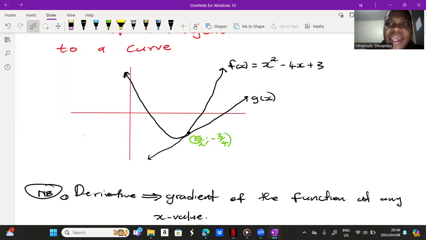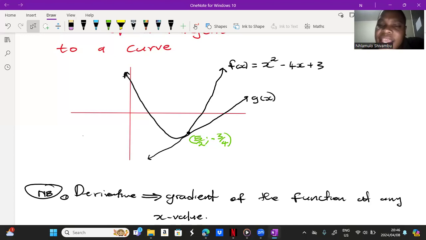The main question here is to determine the equation of the tangent. And if the main question is to determine the equation of the tangent, then you ask yourself, what is it that you need to get the equation of the tangent? To get the equation of the tangent, you need to know the gradient of the tangent.